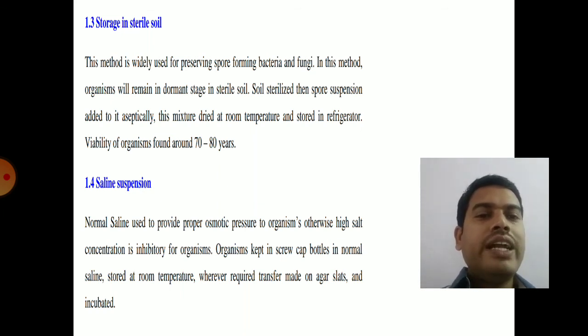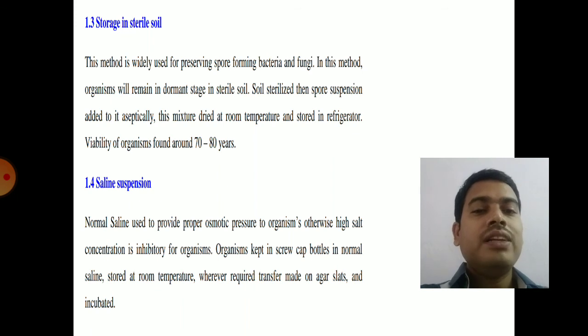Then the mixture is dried at room temperature and stored in refrigerator. That means sterile soil and your bacterial sample are mixed under sterile conditions, and you can refrigerate that soil sample for about 70 to 80 years. The microorganism will be viable in this sterile soil. That means only those bacteria which are spore forming.